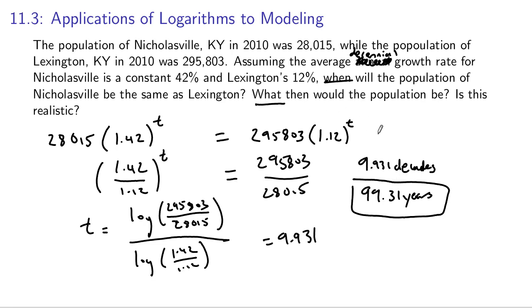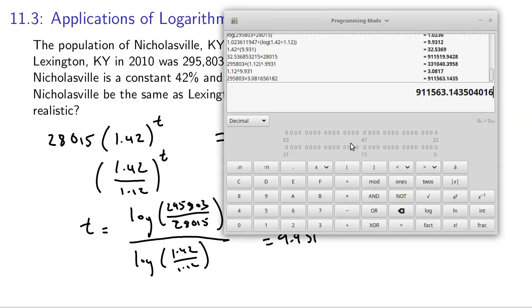The next one is what then would the population be? We already found that out as almost a million because we already plugged this in. We have 911,000 because all we have to do is plug in 9.931 as the number of decades into one of these two expressions. Both of these came out to about 911,500.